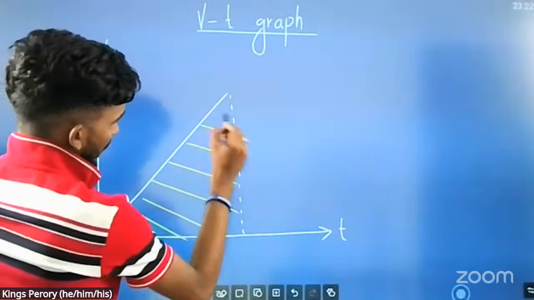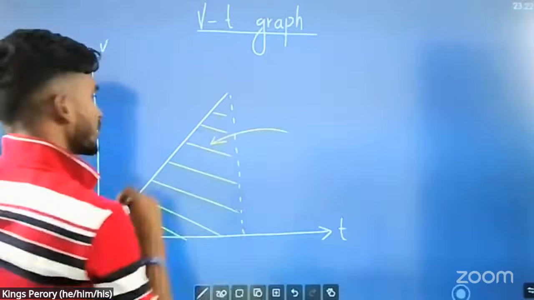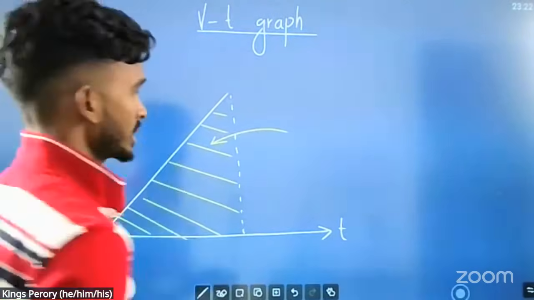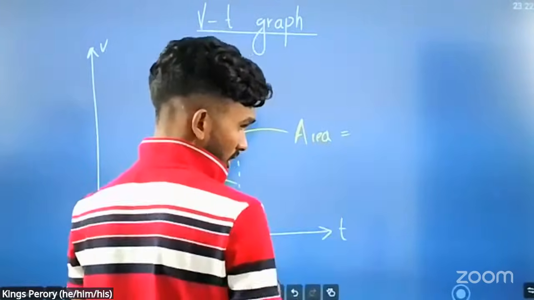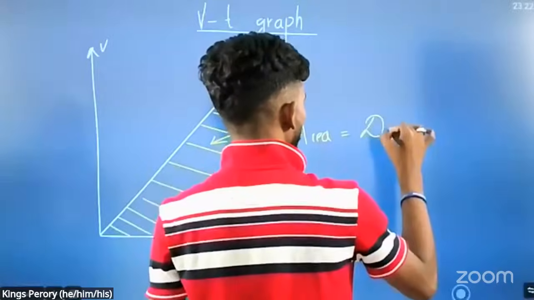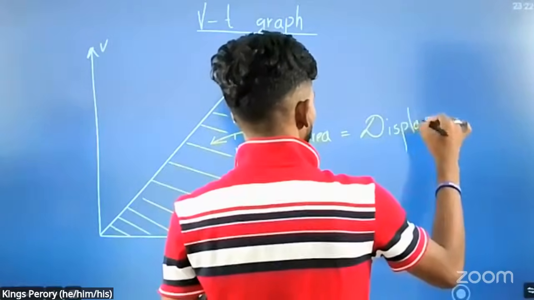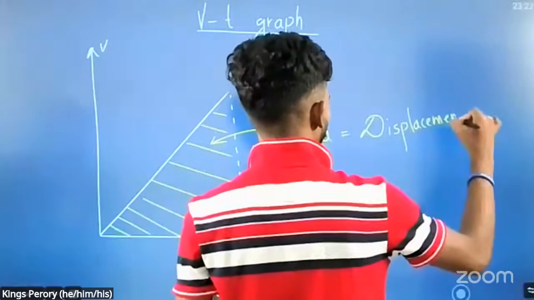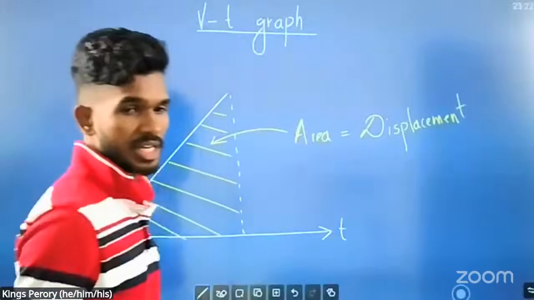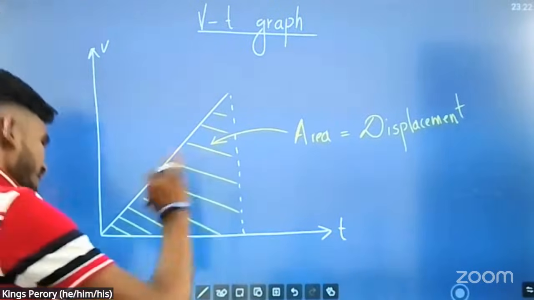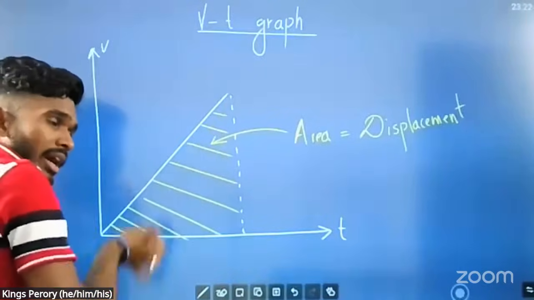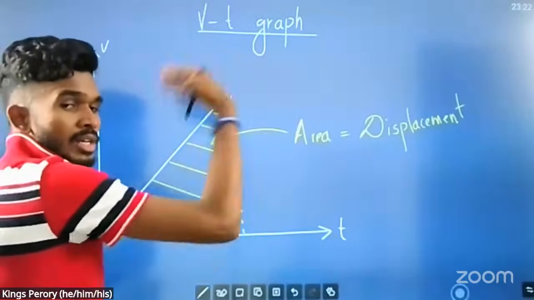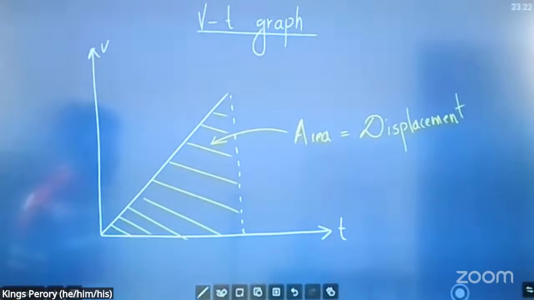What does the area under a VT graph give us? Area under the VT graph gives us the displacement. Here we can see a triangle. Area of this triangle, half into base into height, gives us the displacement of this object.